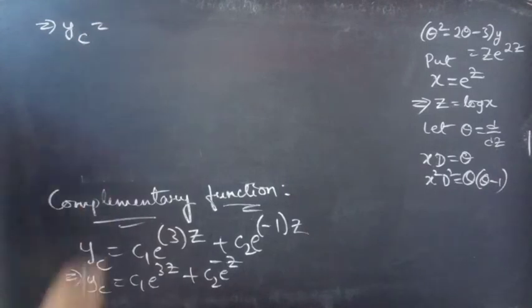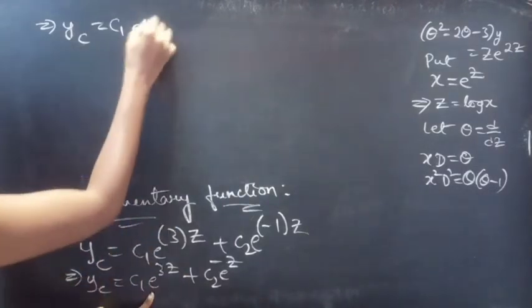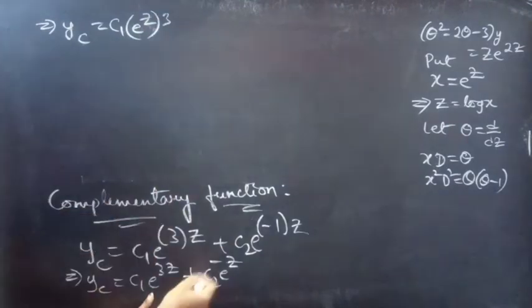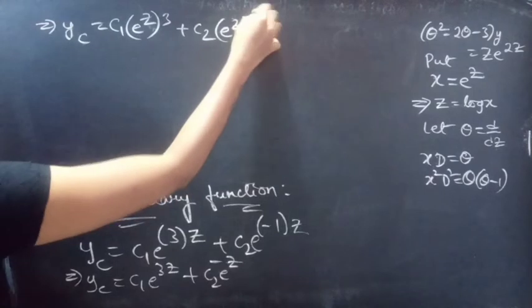Now let's write yc in terms of x. For that, I'll take this 3 to the power of e power z. We can just write it as e power z whole cube plus c2 e power z whole power minus 1.